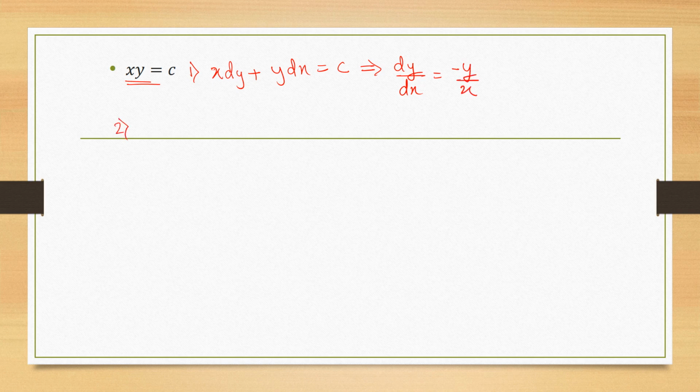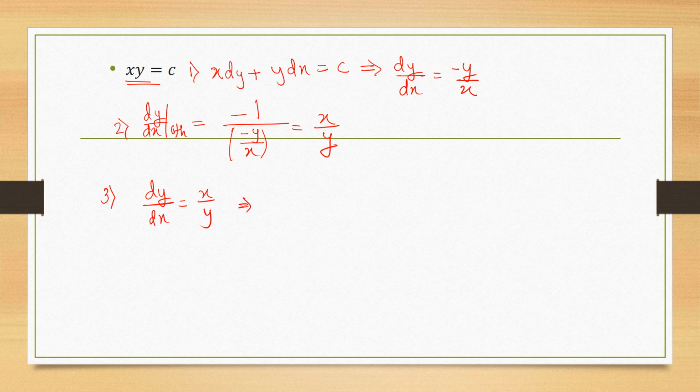And in the second step we need to determine the orthogonal slope. So dy by dx orthogonal will be equal to minus 1 upon the slope of the given curve, that is minus y by x. So it will be equal to x upon y. And in the third step just apply the variable separation method on the slope of the orthogonal family. So it will be y dy equal to x dx, and just simply integrate, you will get the trajectory family.